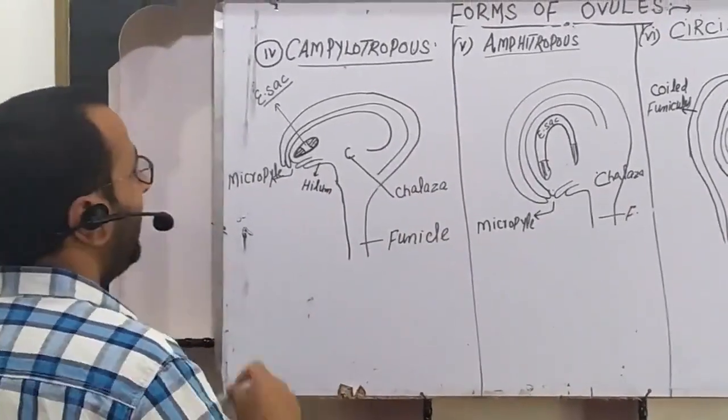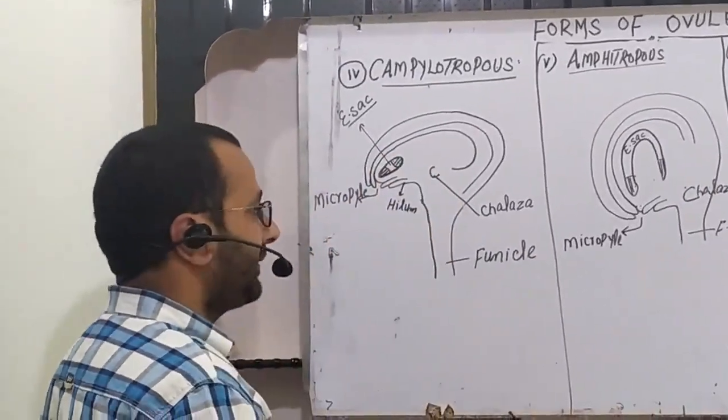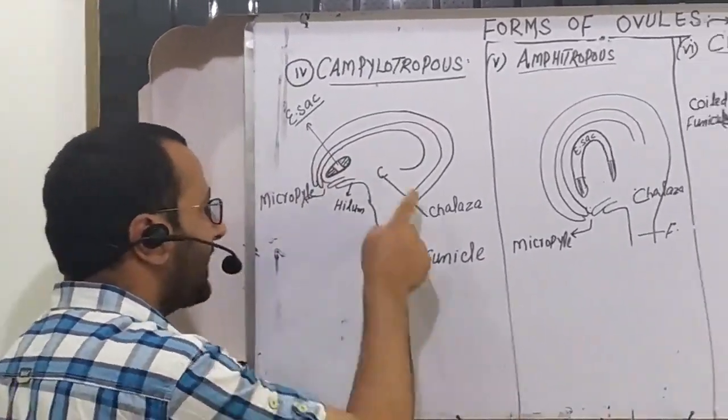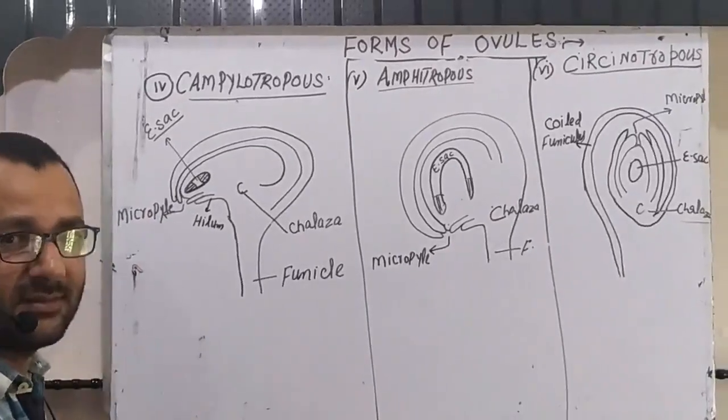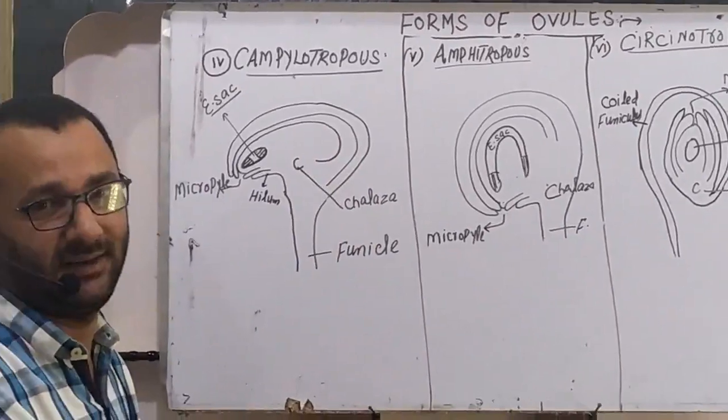So we can say that in campylotropous ovule, the curvature is such that funiculus lies at 90 degrees with the body of an ovule, not exact 90 degrees.